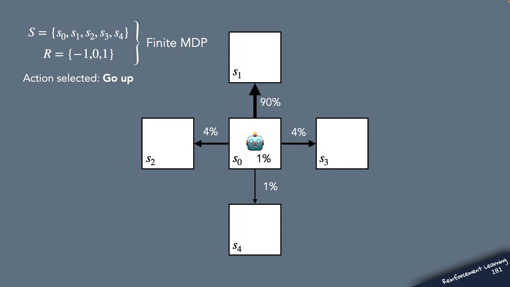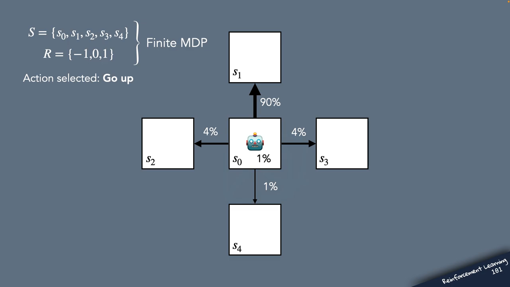Now, this placement of probabilities accounts for possible malfunctions of our agent and can, for example, mimic an electronic robot malfunctioning sometimes. Or it may mimic a living organism, say a bacteria, acting unpredictably.